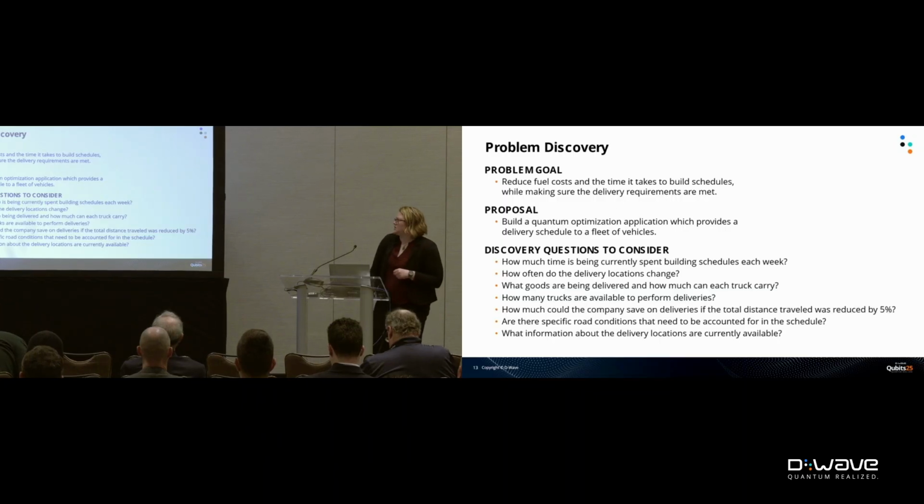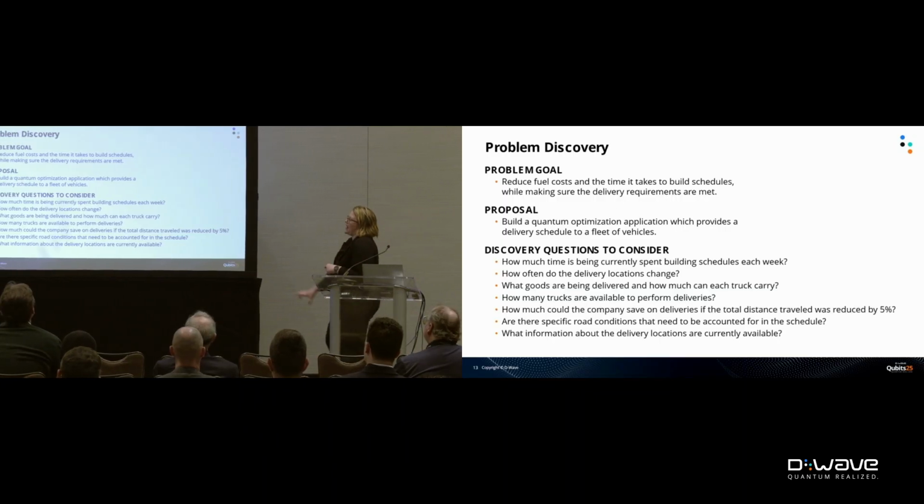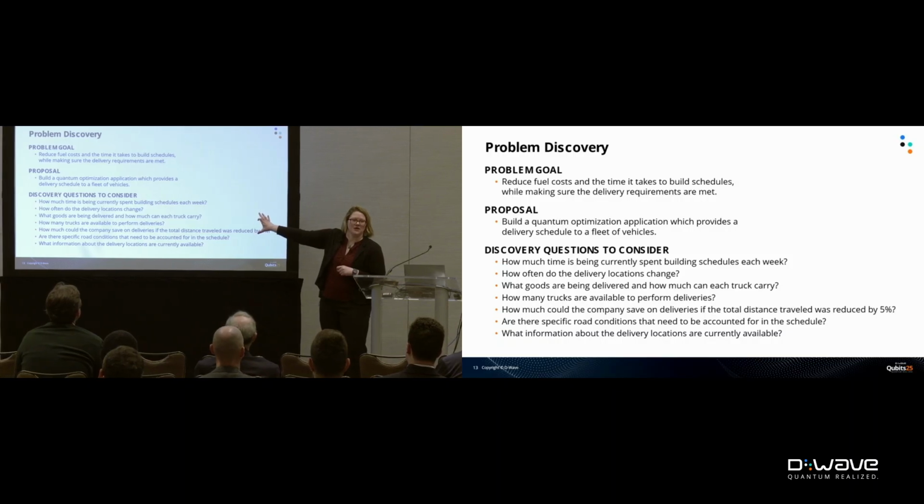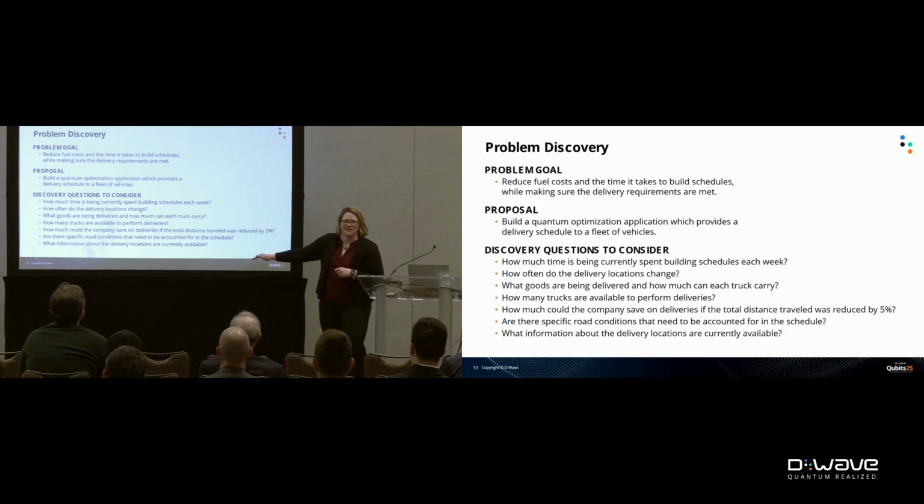Now, what questions do we need to ask? You notice I had a big chunk there, and no surprise, there's a lot of questions that we have to ask, and this is just a small flavor of them. We'll ask questions about the current solution, we'll ask questions about the business case. So for example here, how much could the company save on deliveries if the total distance traveled was reduced by 5%?